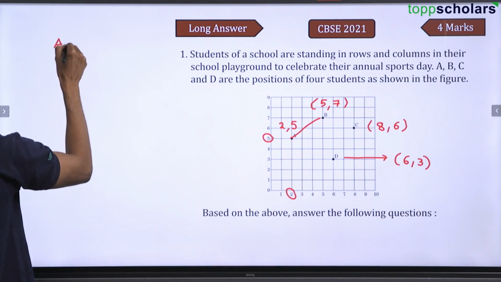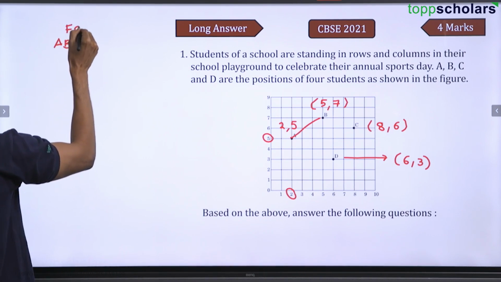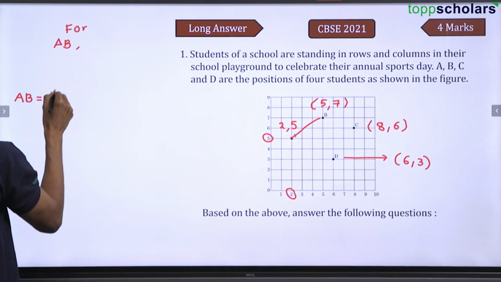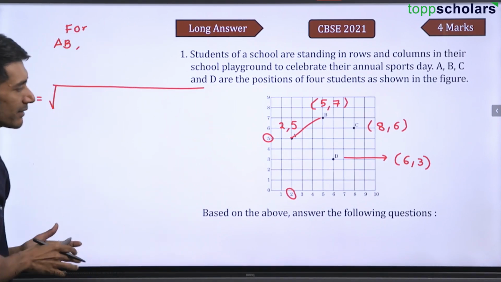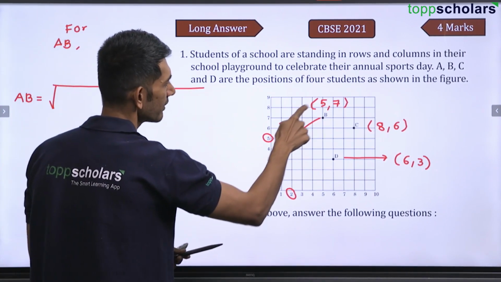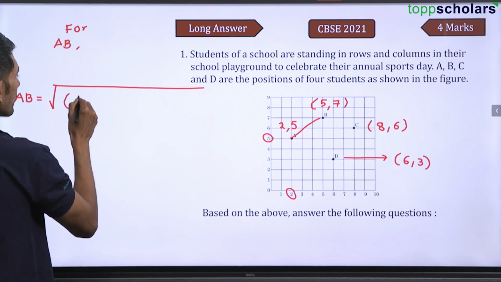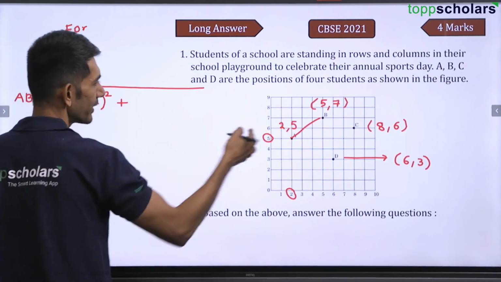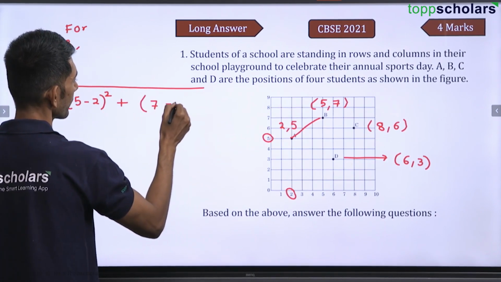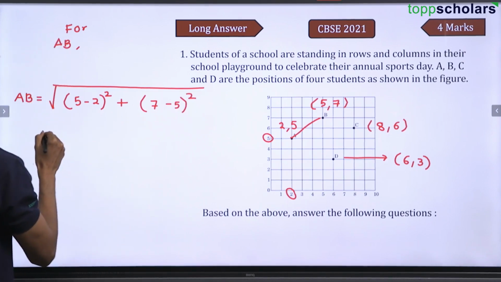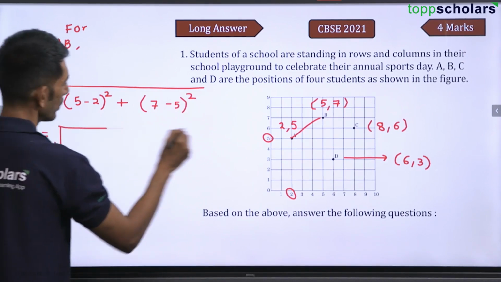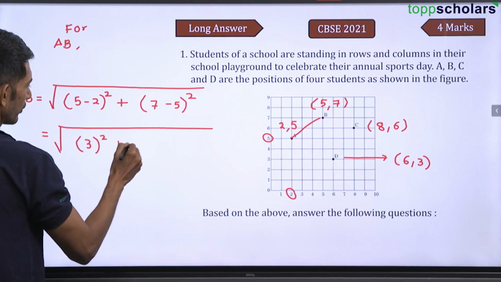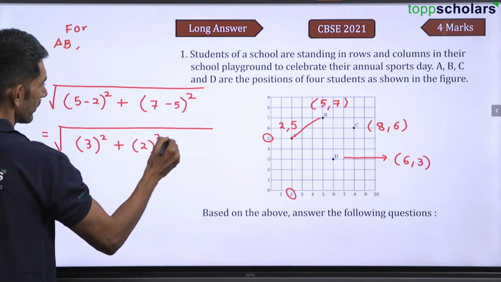So for AB, under root x2 minus x1 the whole square, so 5 minus 2 the whole square, plus y2 minus y1, that is under root 3 square plus 2 square.